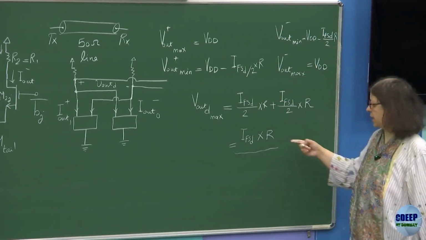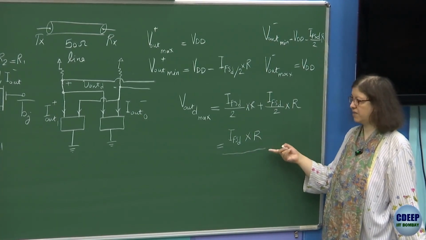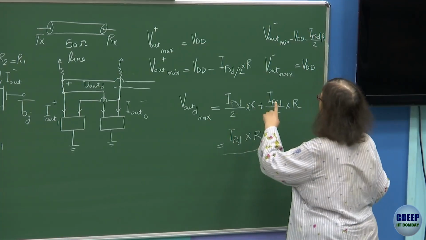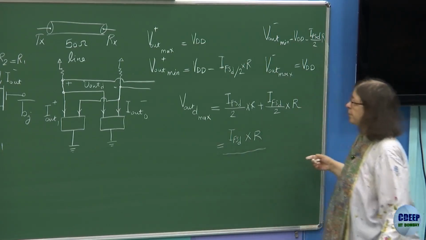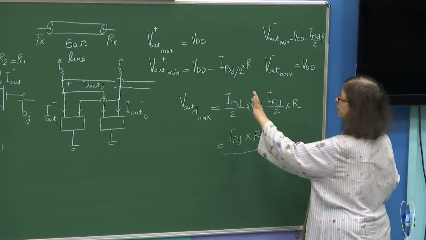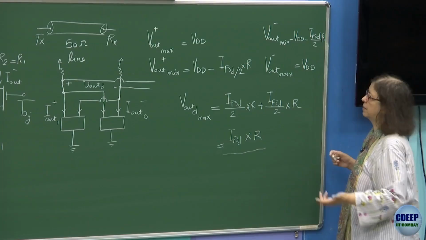And as you can see, this is eventually our full scale differential, V out plus max minus V out minus. This is actually V full scale. Now, the other way around also will give you only the opposite.